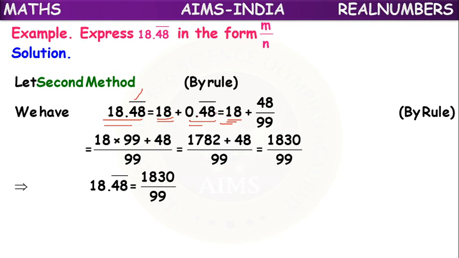If we remove the decimal point, we can write it as 48 in the numerator. As 2 places are repeating, by 99 we can keep. So we can write it as 18 plus 48 by 99. So let's take the LCM and do the simplification. So we will get 1830 by 99.